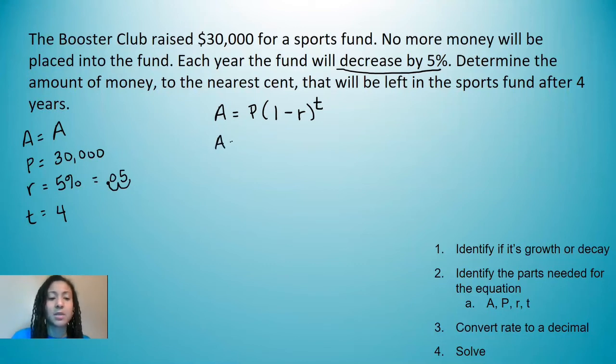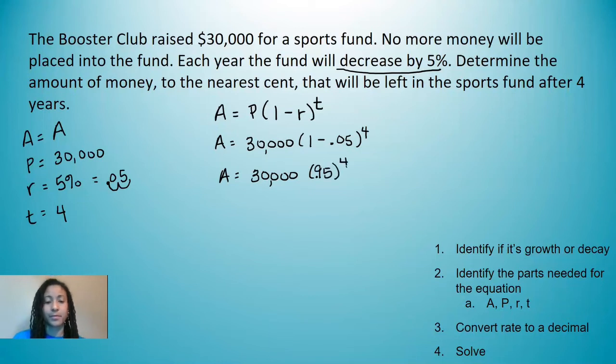So we have A is equal to 30,000 times 1 minus 0.05 to the fourth. This now becomes 30,000 times 0.95 to the fourth.